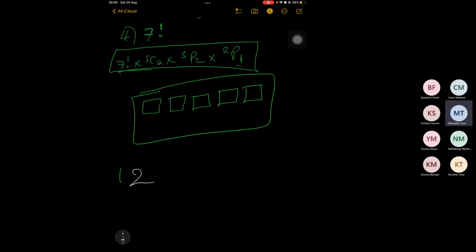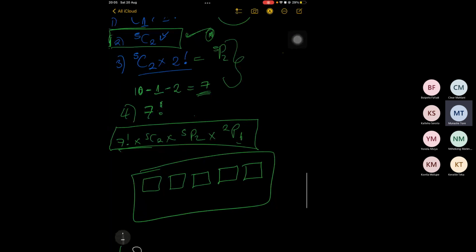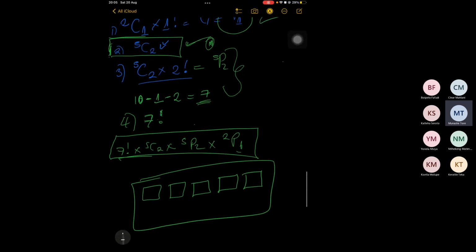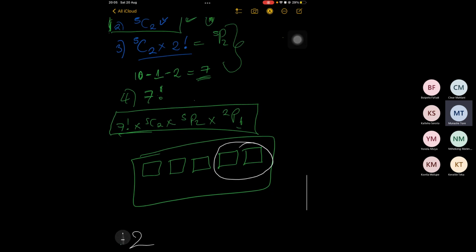Amongst these 5, we want to pinpoint 2 of the positions that are going to be occupied by the VWs, so it's going to be 5 choose 2. Then I don't know which positions we pick, so let me just assume we pick these 2. Now that we have the positions, we want to choose 2 cars that can fit these 2 positions.